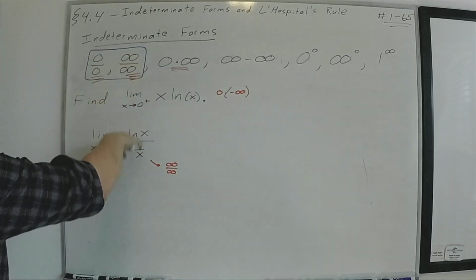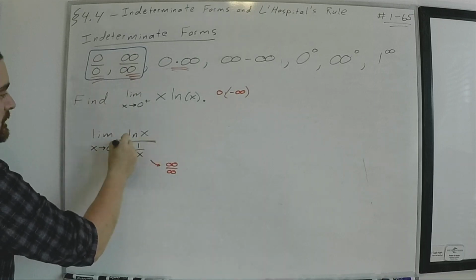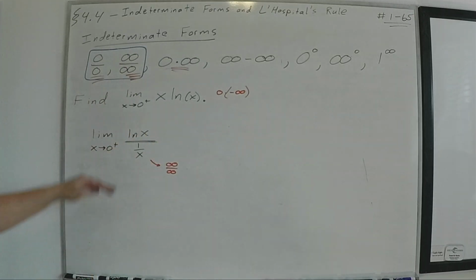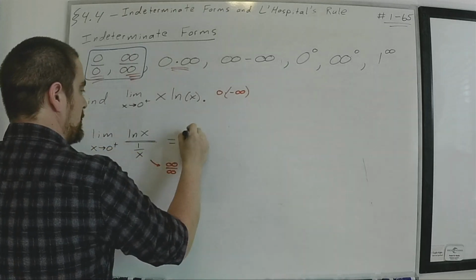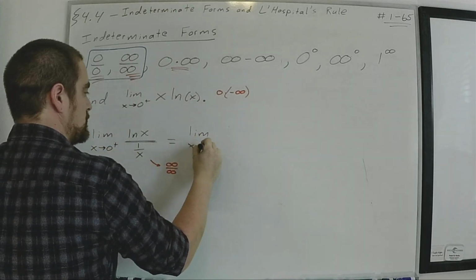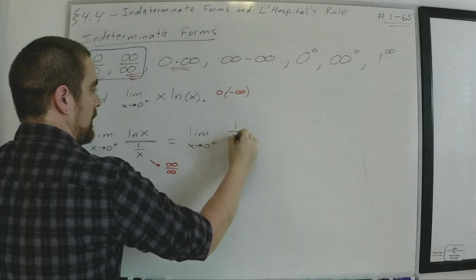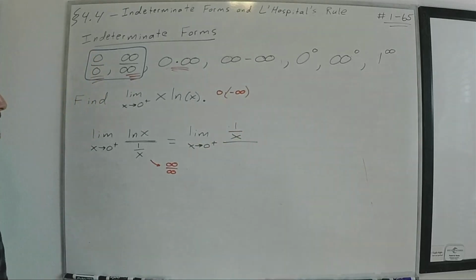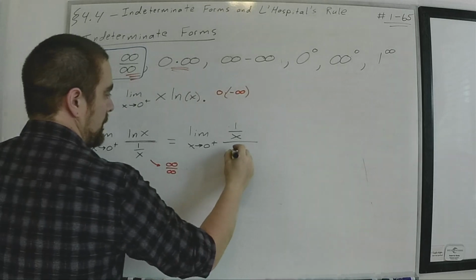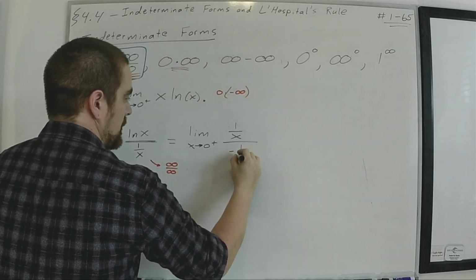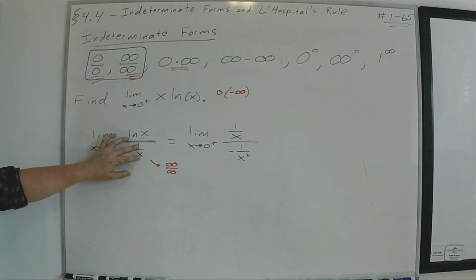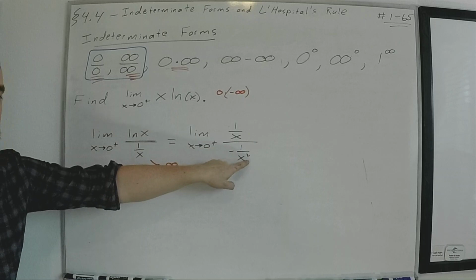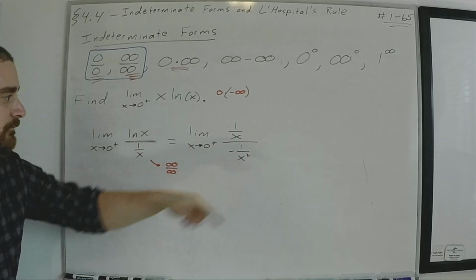Now you have the ratio of two functions f and g, and when you look at the ratio of those two functions f over g, you can apply L'Hopital's rule and instead look at the ratio of f prime, there's my numerator differentiated, over g prime, here's my denominator differentiated. So again, this is really x to the negative first power. So I'll get a negative x to the negative 2 power, which is negative 1 over x squared.